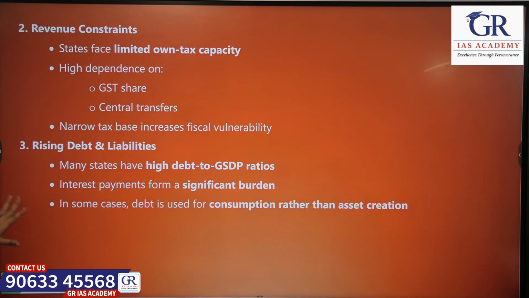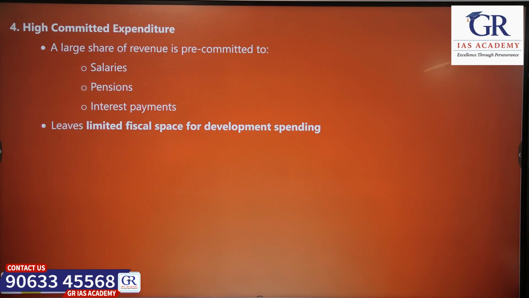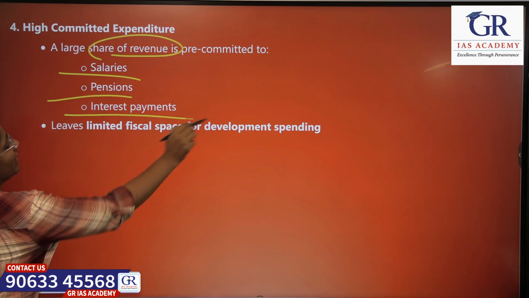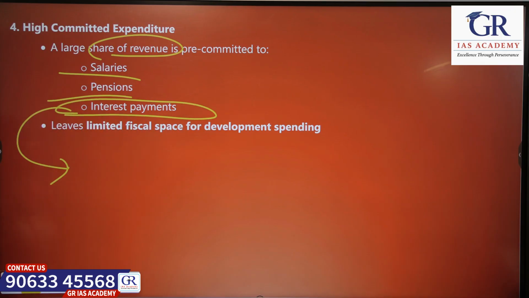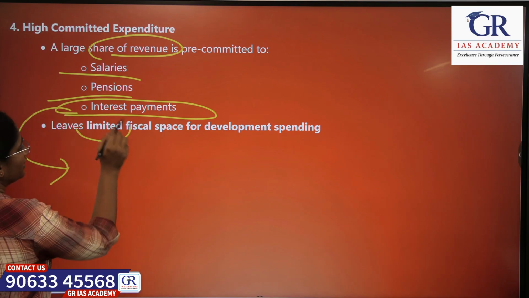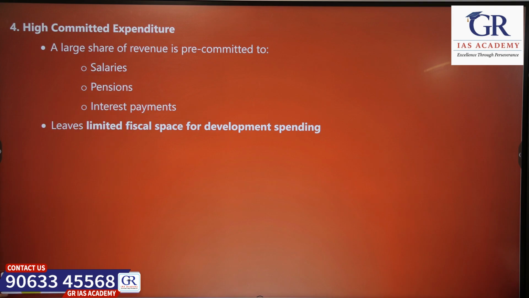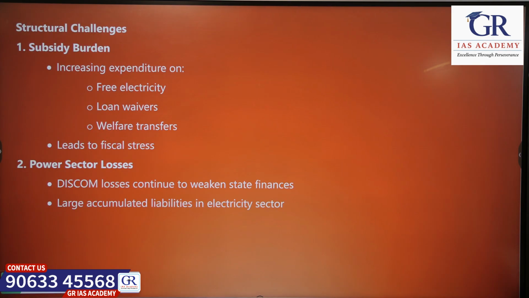Sometimes the deficit is so much. Whatever revenue is collected by the states has already been committed to salaries, pensions and interest payments for the debts they have taken earlier. So there is very limited space to spend on asset creation and infrastructure creation.